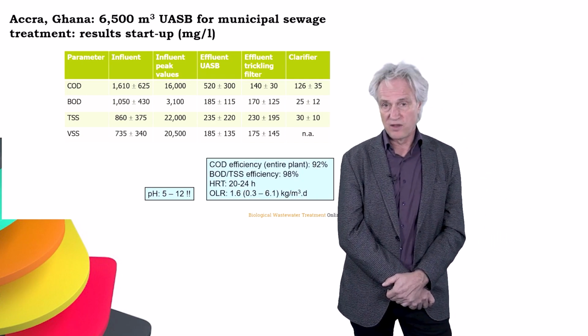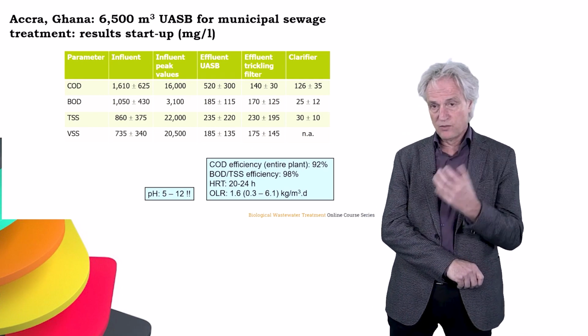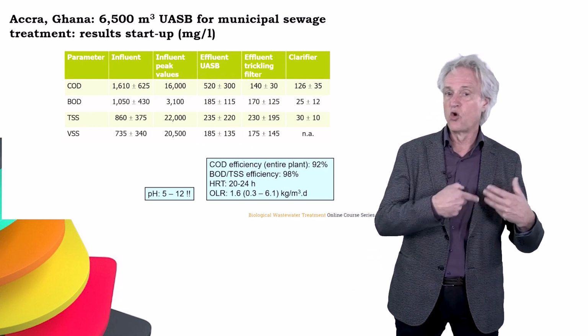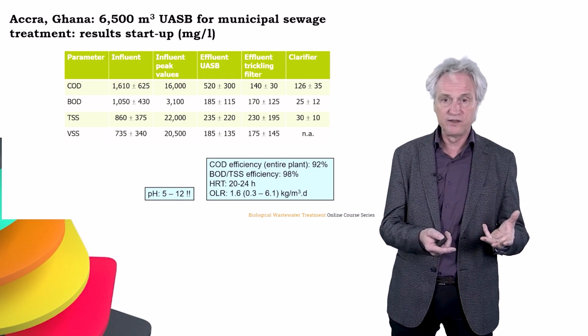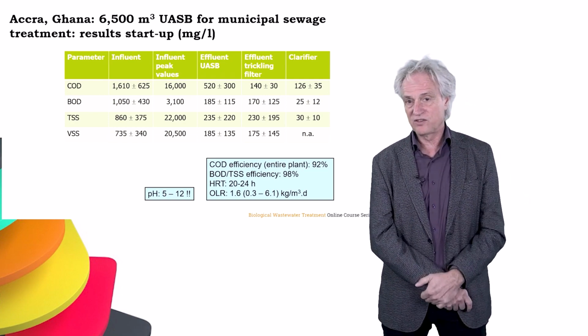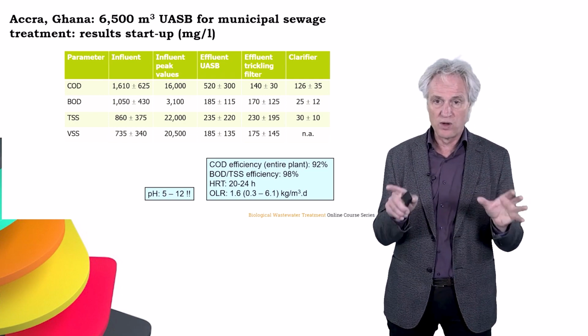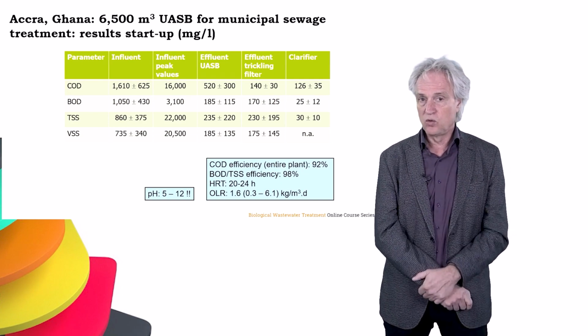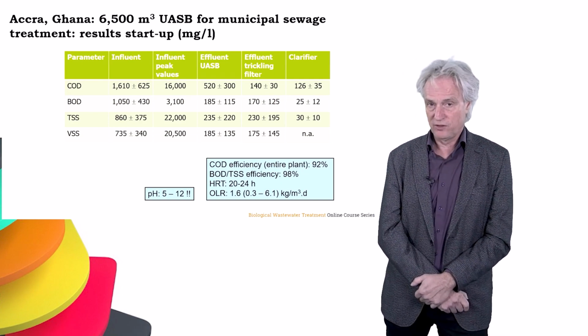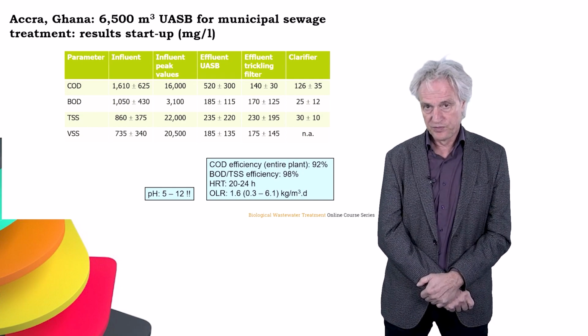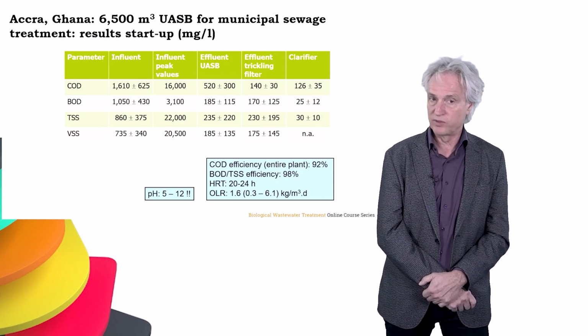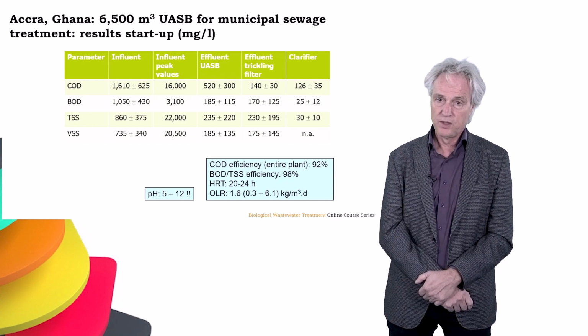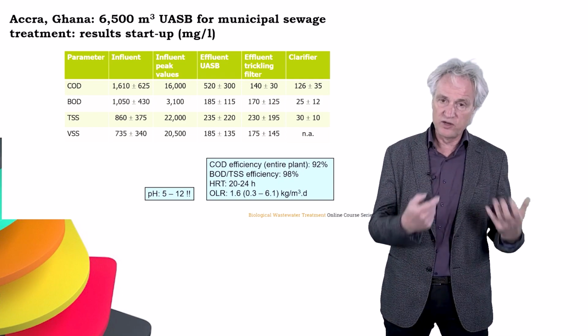Then there was another observation we made. The COD efficiency under normal operation was over 92%. The BOD and TSS efficiency, 98%, was very good. However, you also see these huge peak values, 10 times more COD than anticipated, and the same for the sludge. Now, what was the situation here?